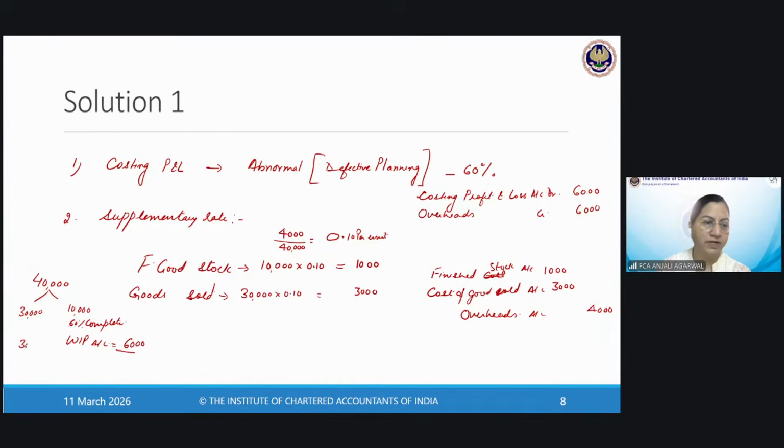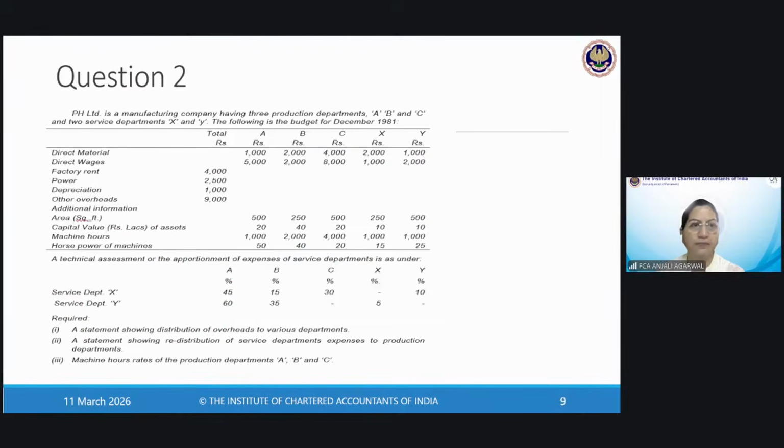So the total completed units is equivalent to 30,000 plus 6,000. 4,000 expenditure would be borne between 36,000. Supplementary rate would be different. And then whatever the rate comes out, multiplied by 30,000 will go to cost of goods sold and multiplied by 6,000 will go to WIP account. Okay. So this is how you're going to treat under absorption and over absorption.